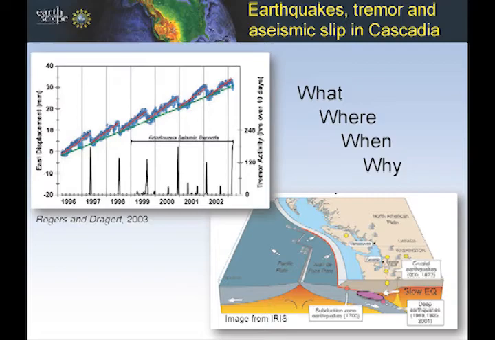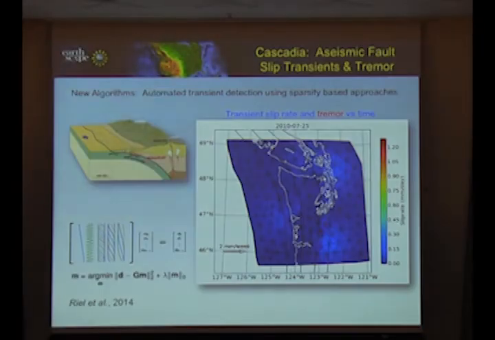And this is a new result here from Mark Simons' group that shows one of these events propagating along the interface below the locked patch. So the locked patch would be here, and this shows slip, so it's millimeters a day, so it's not that much motion. But it also generates some seismic energy, which is the red dots.